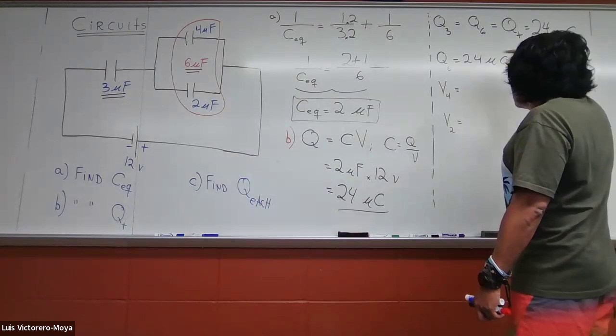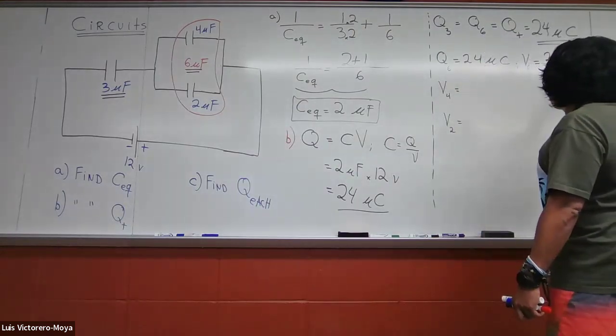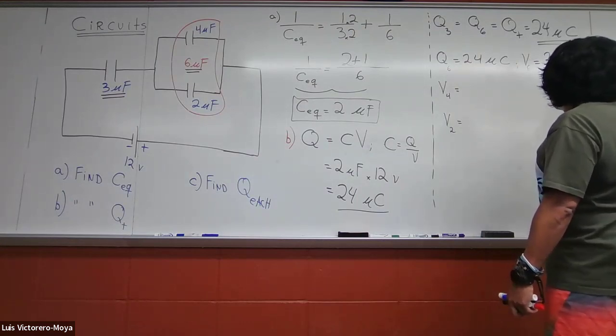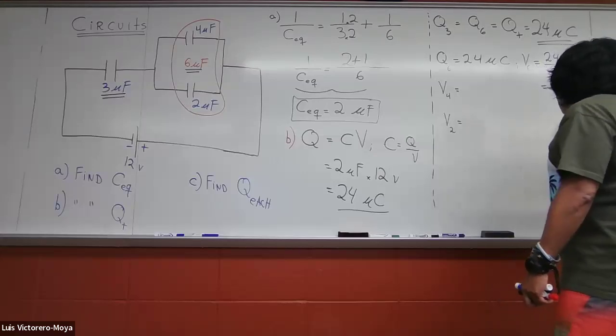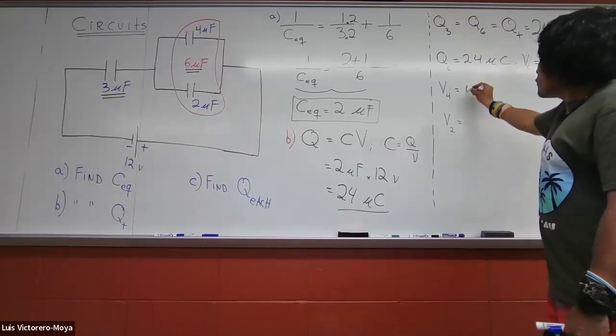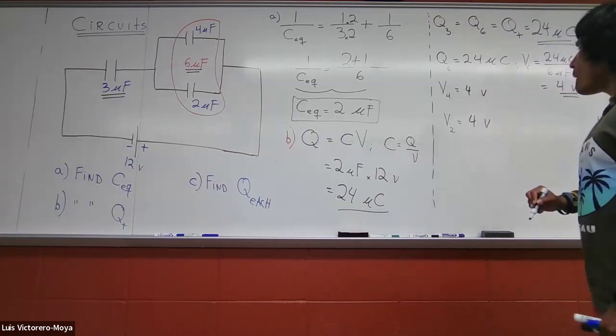Now, the voltage on 6 is the charge on 6 divided by 6 microfarads. That's 4 volts. So the voltage on 6 is 4 volts. That makes it 4 volts, 4 volts.